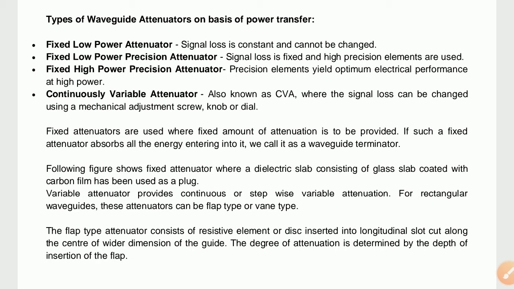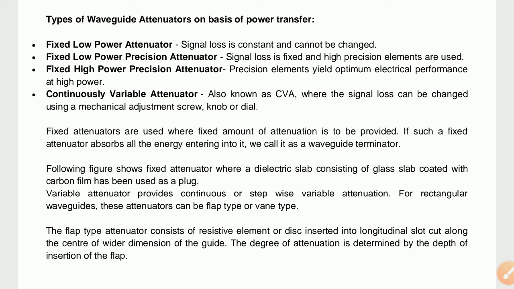This is a very important type of attenuator. It is also known as CVA. CVA stands for continuous variable attenuator, where the signal loss can be changed using a mechanical adjustment such as a screw, knob or dial.